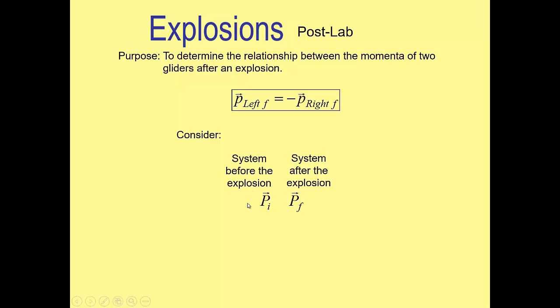Now, a couple of things about my notation here. First off, we're going after or before the explosion happened and just after the explosion happens. So we're not analyzing during the explosion.